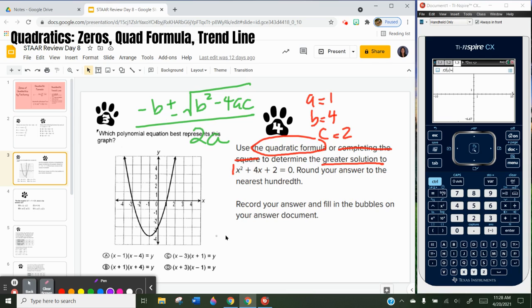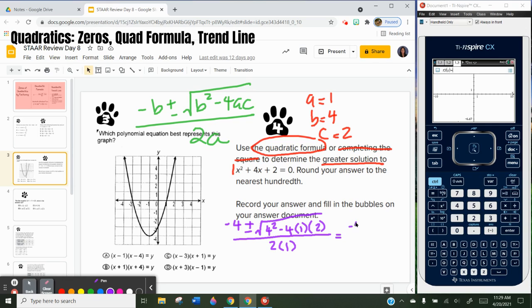So negative B, which means negative 4 plus or minus the square root. It says B squared, so that's 4 squared minus 4 times the A times the C. So times the 1 times 2. All of that is going to be over 2 times your A, which is 1. All I did was plug in the B where it said B and the A where it said A and C where it said C.